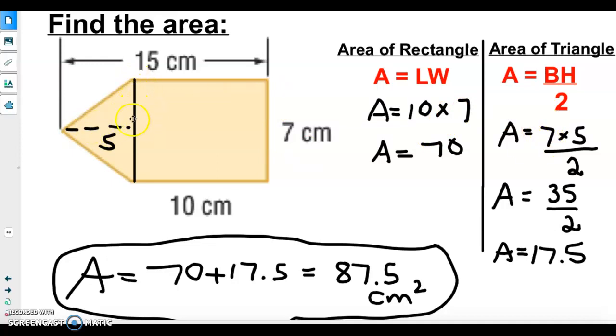I knew that this was 7, the base, because opposite sides are equal. And the way I got the height was this whole piece right here is 15, and this was 10. So 15 minus 10 makes 5. And when I found the area of the triangle, I got 17.5. You have to add your areas together, and I got 87.5 centimeters squared.